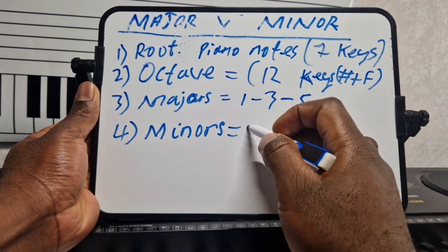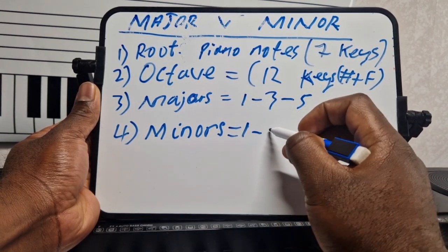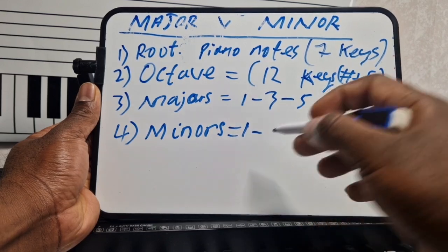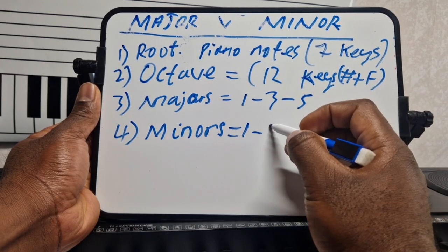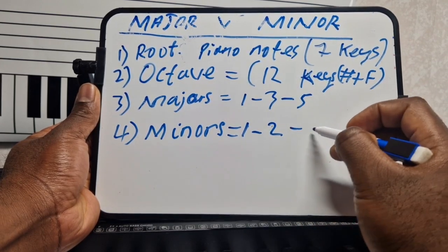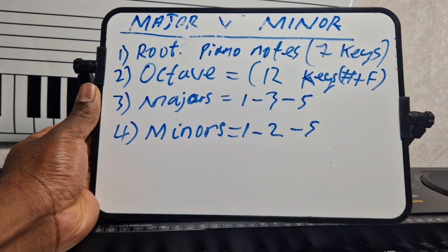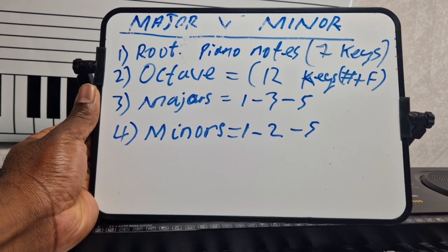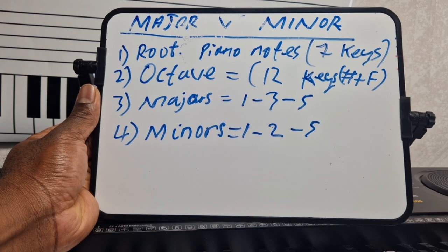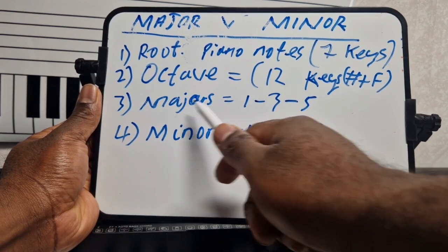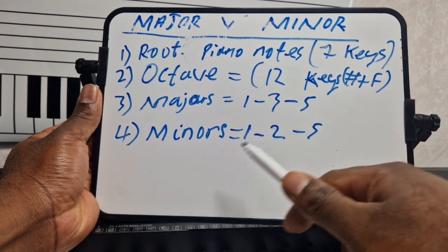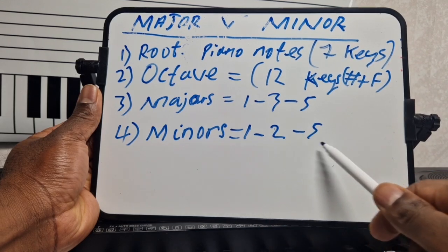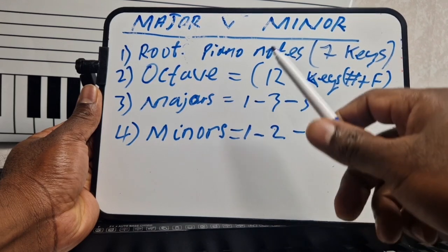And for minors, you play the root note and then 2 and then 5, right? So that is how you play major. This is the formula. The major formula is 1 3 5 and the minor formula is 1 2 5.